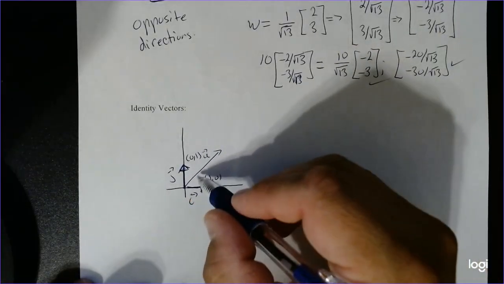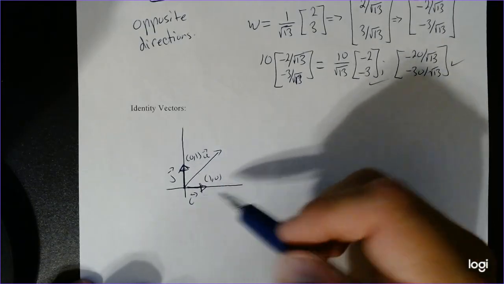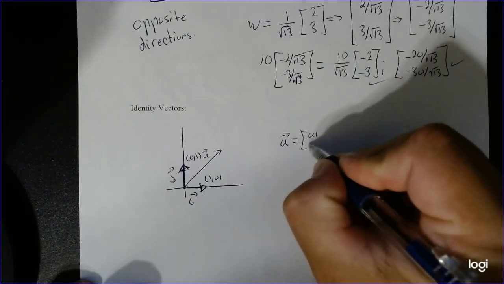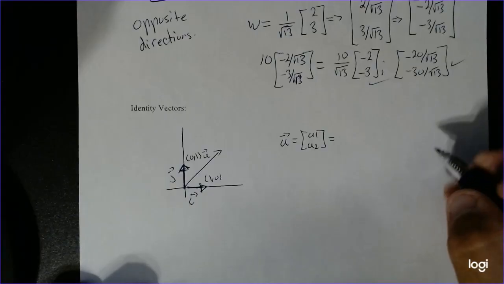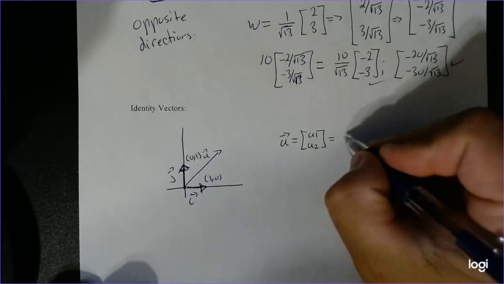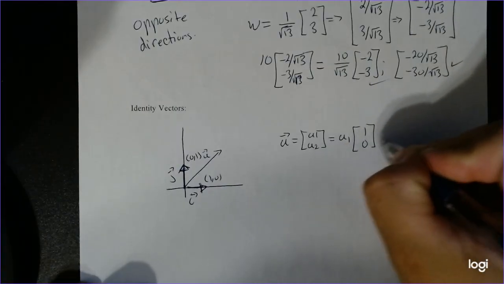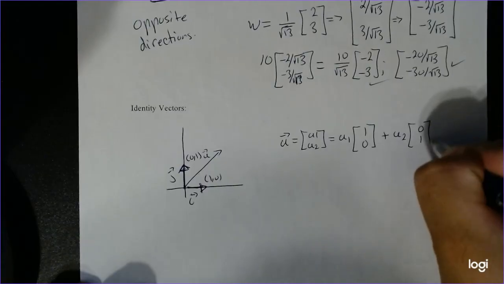So this vector u is actually a linear combination of the identity vectors i and j. Any vector u can be written using the i and j components.